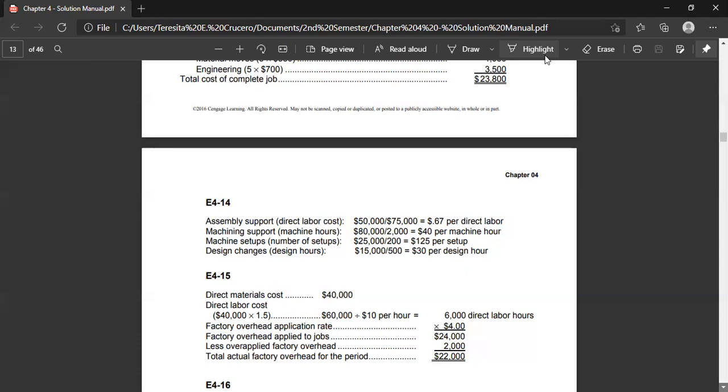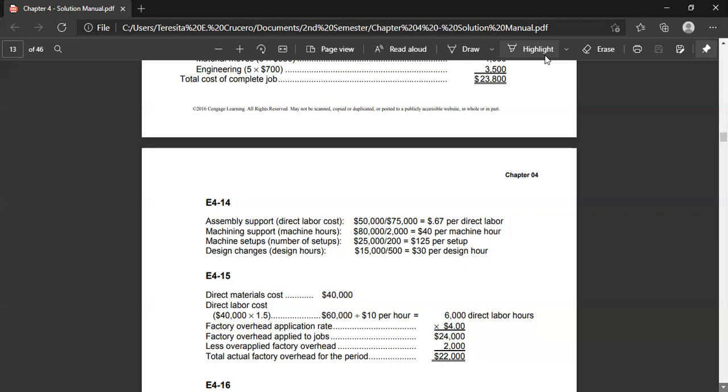In other words, the actual factory overhead for the period is only 22,000, since the applied is higher than the actual, meaning there is an over applied. Once you credit the account under and over applied, the variance is favorable, and it means that the applied is greater than the actual.